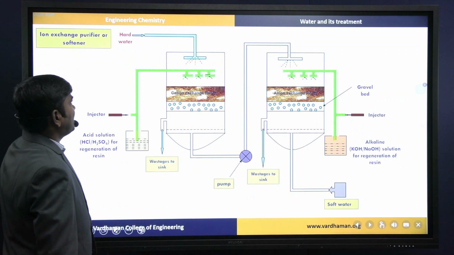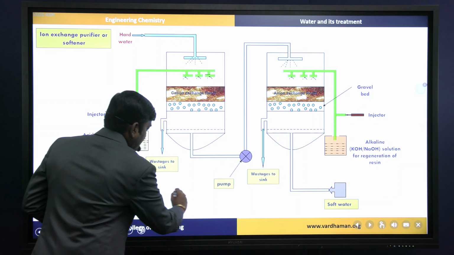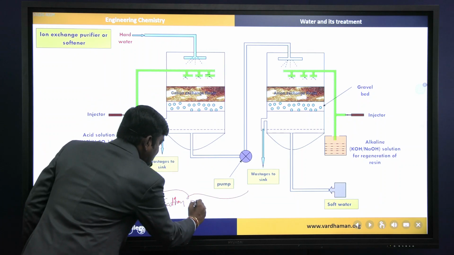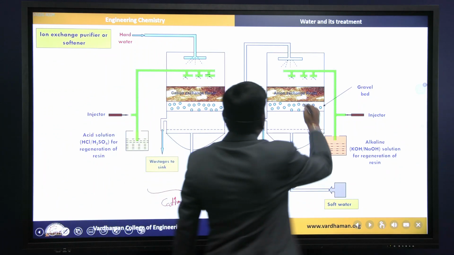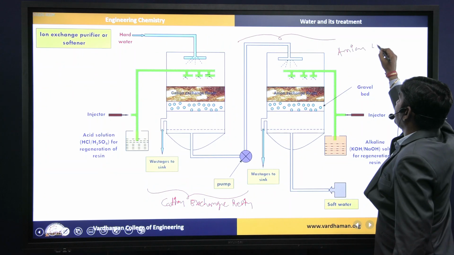Next, let us see how we are going to soften the water. Here two chambers are there. The left hand side portion is for the cation exchange resin, and this portion belongs to the anion exchange resin.